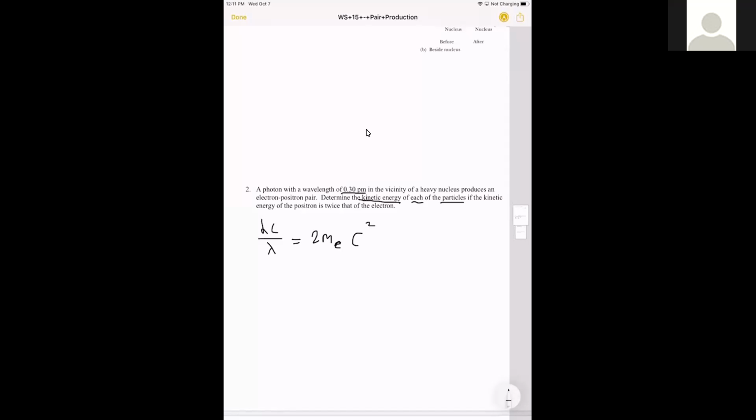C squared. Justin? Plus KE positron plus KE electron. Yeah, I agree.